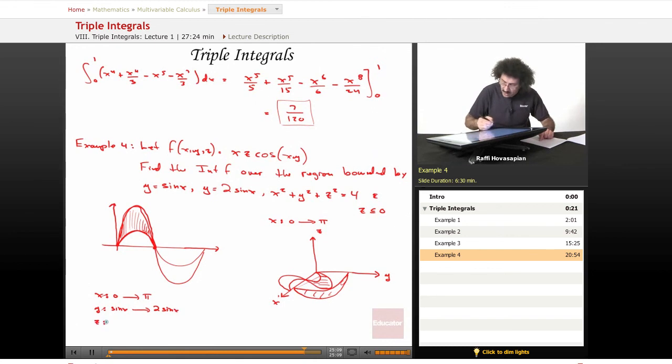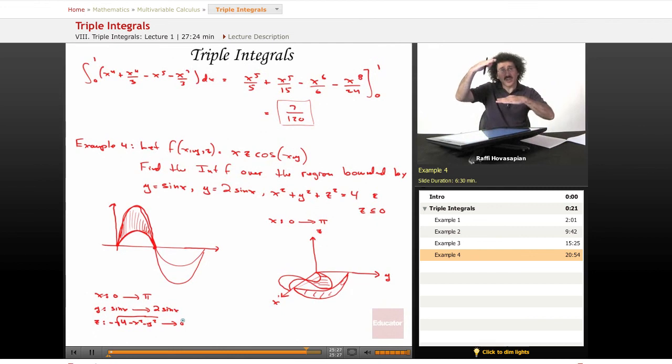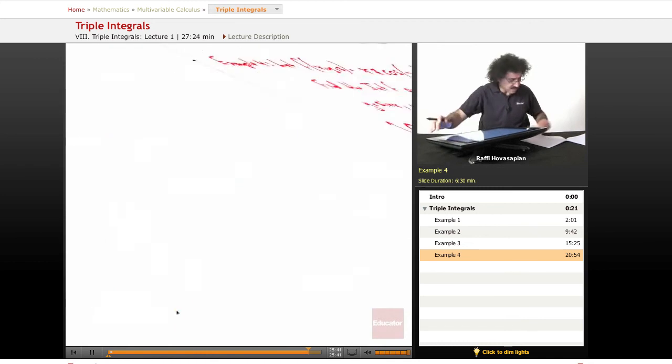And z, well, z is going from minus radical 4 minus x squared minus y squared up to 0, right? The lower limit of integration is the actual sphere itself, and it's going up to 0 because it's below the xy plane.